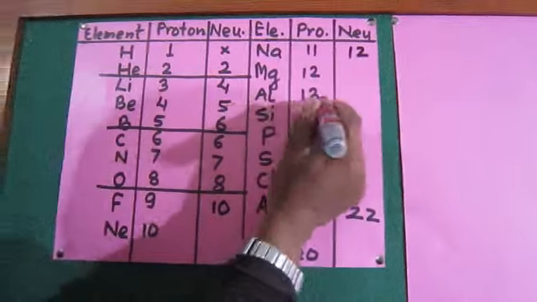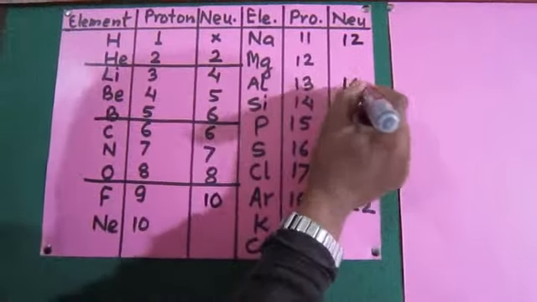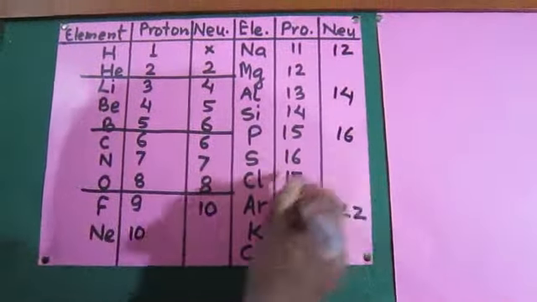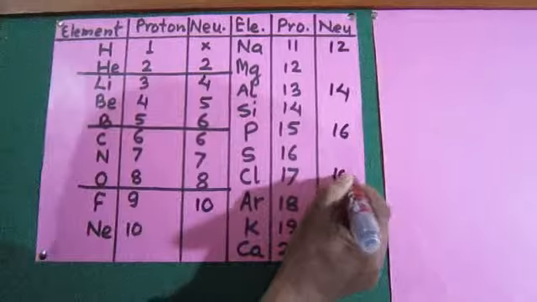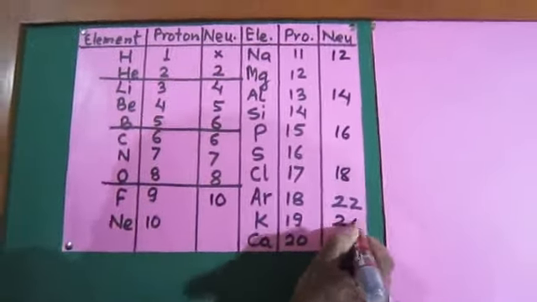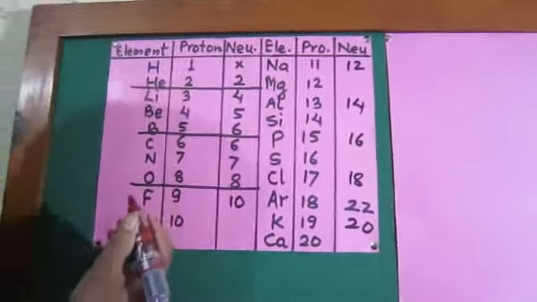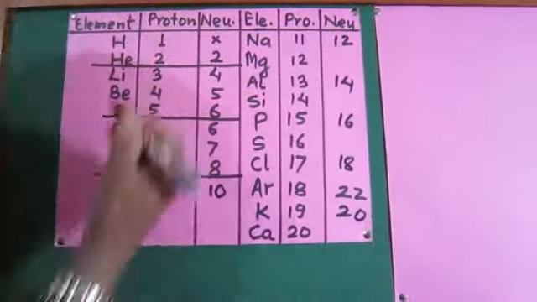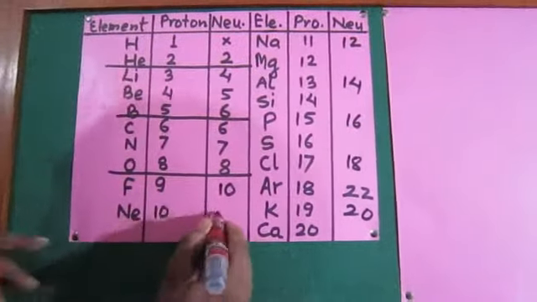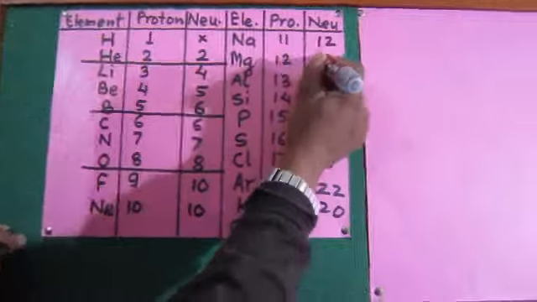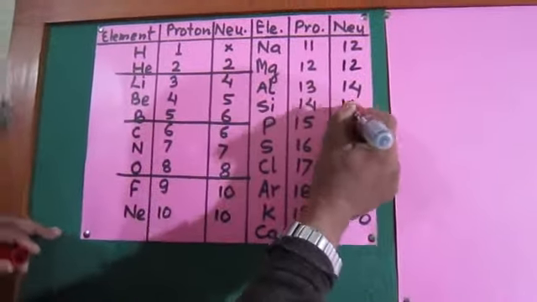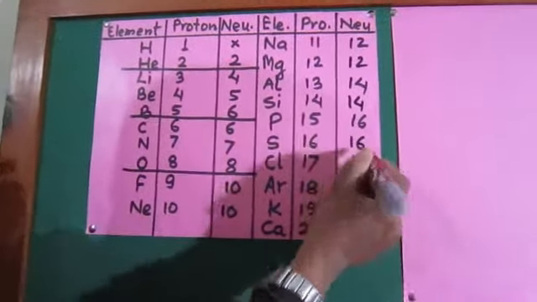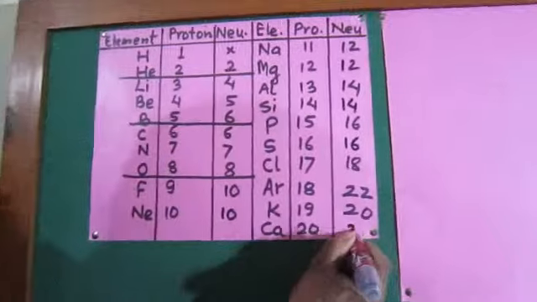Here atomic number is 13, that's why 14, and 15, that's why 16, 17, that's why 18, and 19, that's why 20. Now if the atomic number is an even number, the number of protons is even, then the number of neutrons is also the same. 12, 12, 14, 14, 16, 16, now 20, 20.